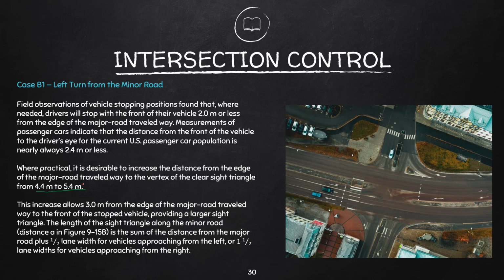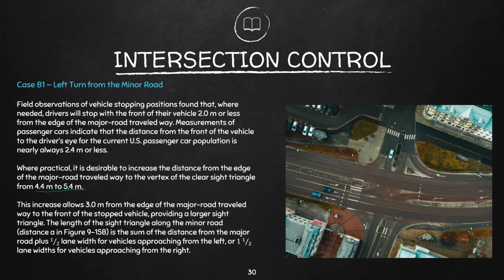The length of the sight triangle along the minor road is the sum of the distance from the major road plus 1/2 lane width for vehicles approaching from the left, or 1 1/2 lane widths for vehicles approaching from the right. So for this vehicle, if we approach his left, okay, where is his left? His left will be here, right? Yes.